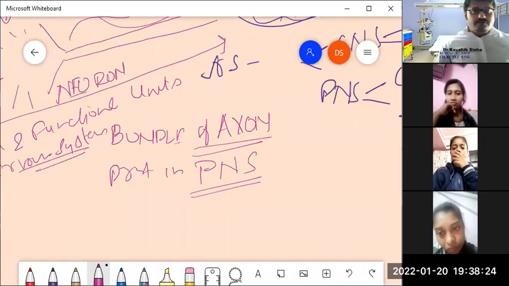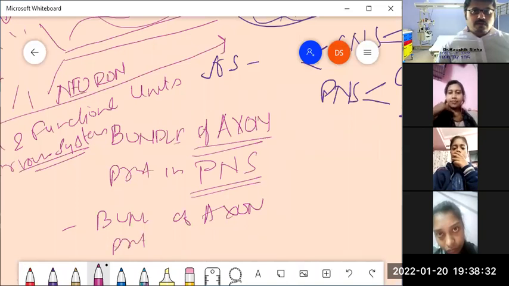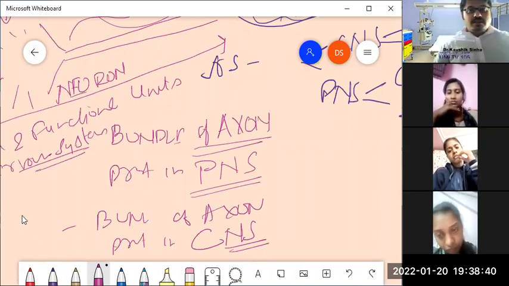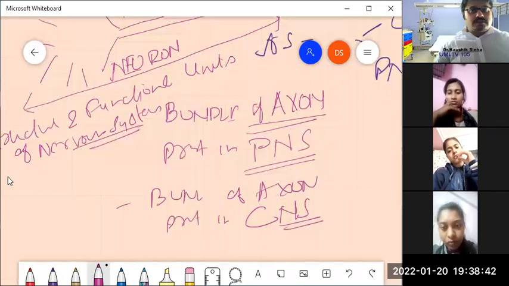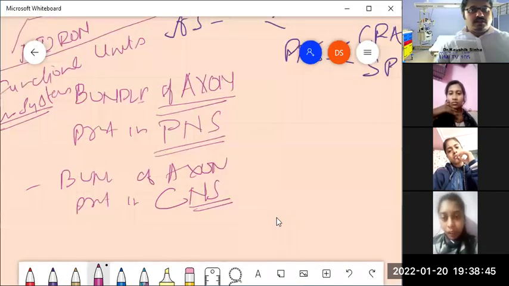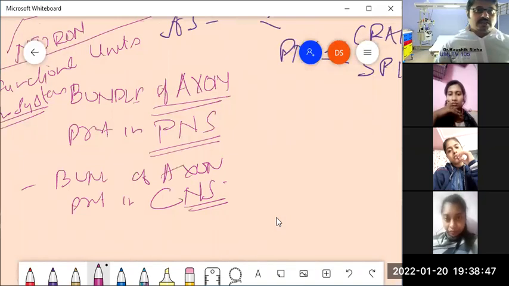What if this same bundle of axons is present in the CNS, the central nervous system, that is, inside the brain and the spinal cord? In that case, the term differs. We do not call this a nerve anymore. In this case, we call this tracts.